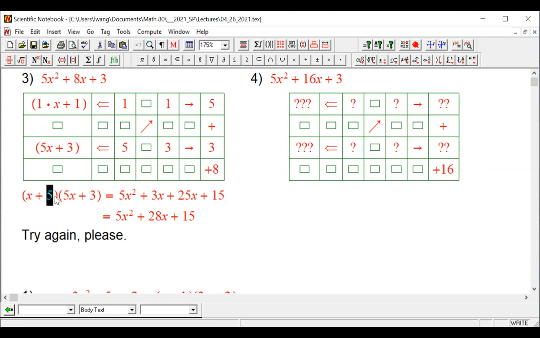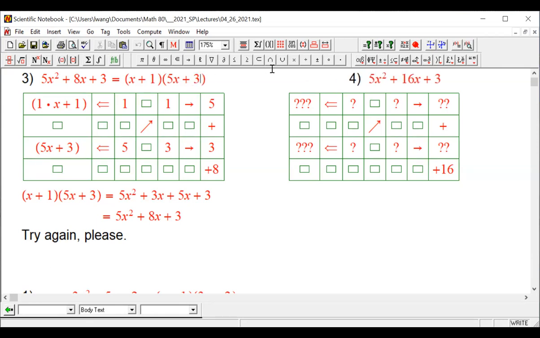So now if we replace this one by 1, this will be 5x and that will be 3. And now we make that match. Got it? So the factors are going to be x plus 1 times 5x plus 3.